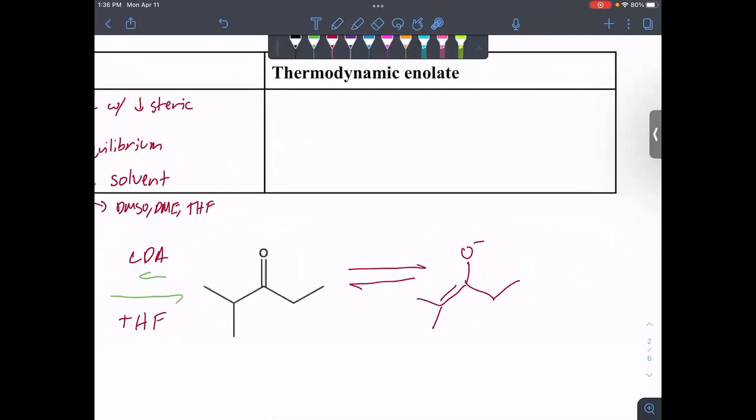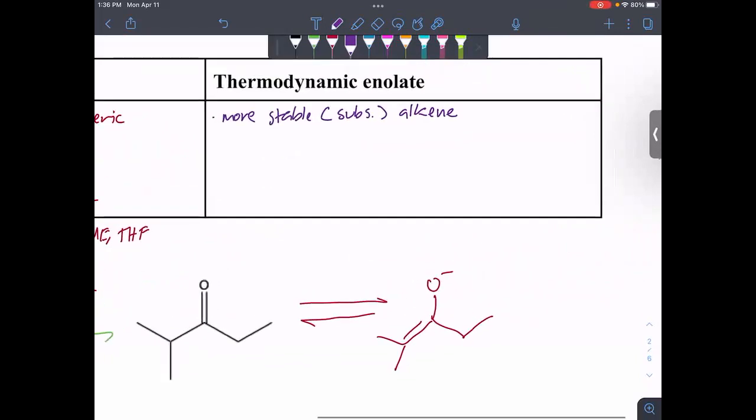For the thermodynamic enolate, you look for the more stable alkene, and it's also going to be the major enolate at equilibrium under thermodynamic control. The equilibrium thing is really not important, but occasionally there are word problems like, under what conditions would the thermodynamic enolate be preferred?